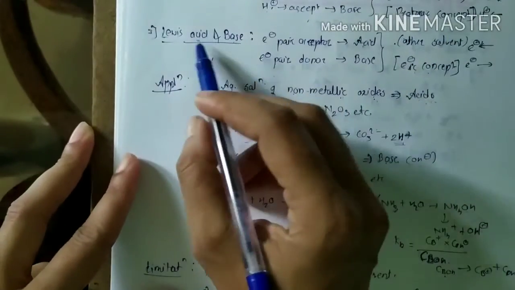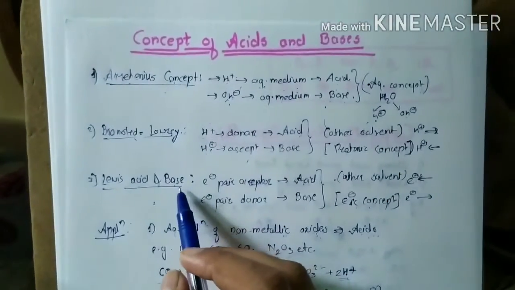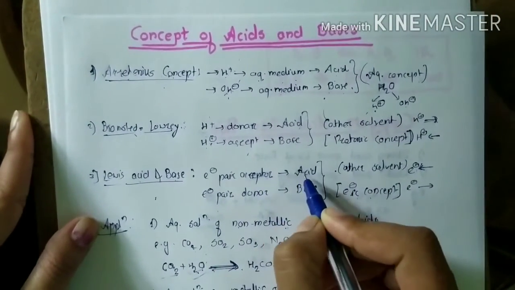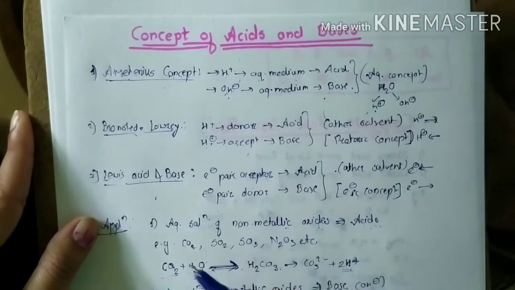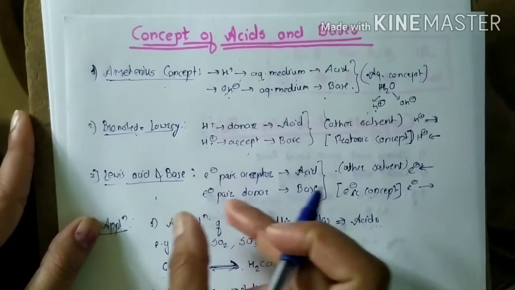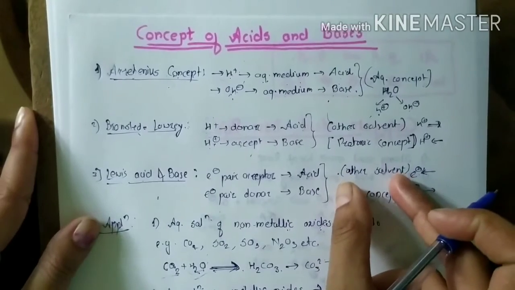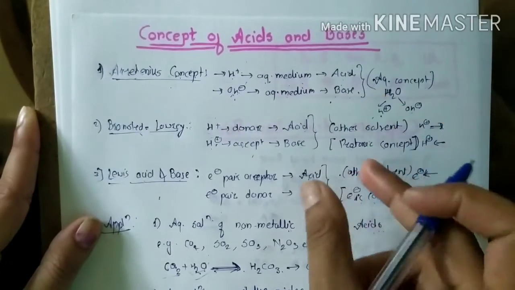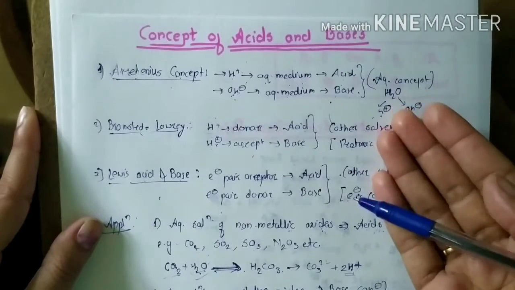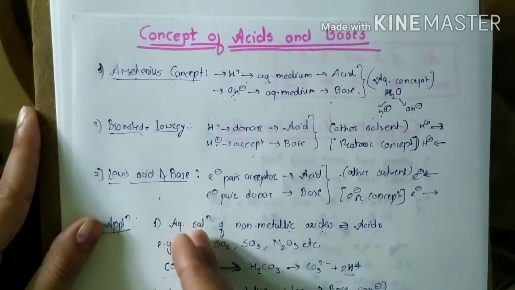Now the next one is Lewis acids and bases. Here, if the substance is an electron pair acceptor, then we call it an acid, and if it is an electron pair donor, then we call it a base. Here also the Lewis concept uses solvents other than the aqueous medium. That means if the substance can't dissolve in water, then it can be identified by using Lewis acid and base also.